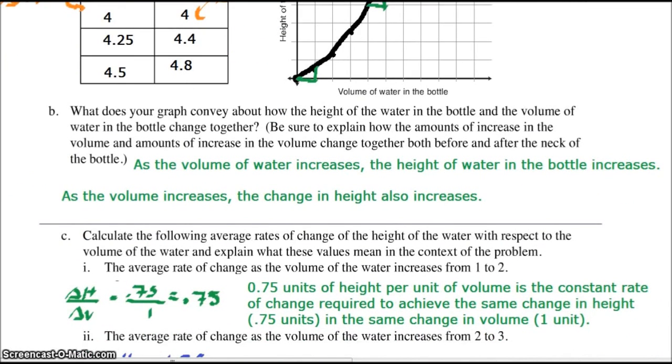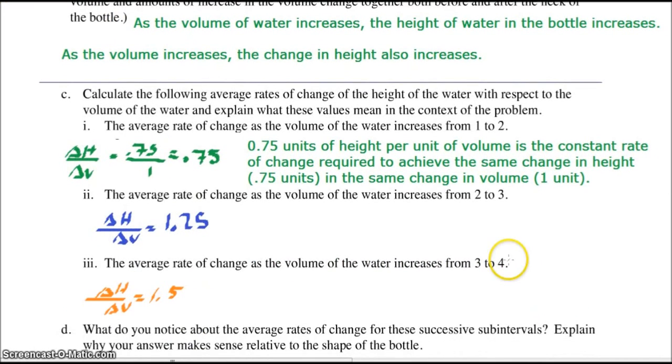So this means 1.5 units of height per unit of volume is the constant rate of change required to achieve the same change in height, which was 1.5 units, in the same change of volume, 1 unit.